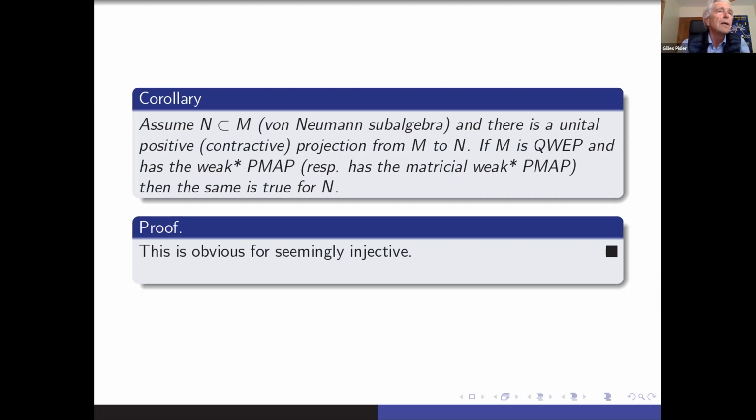This requires the equivalence with injectivity. Because of course, if you pass to injectivity or to seemingly injective, then the assertion that the property is inherited by a subalgebra with a projection of norm 1 is obvious, because it's diagram chasing and it's completely formal.